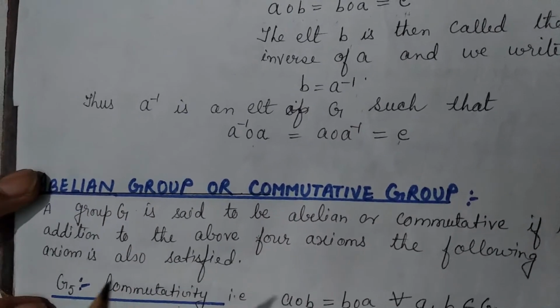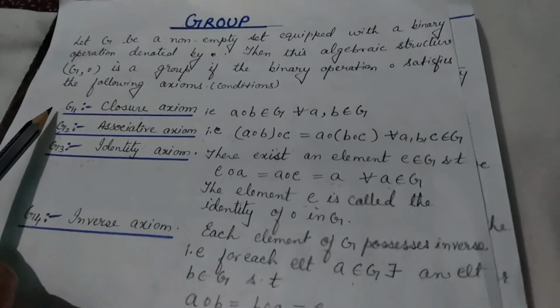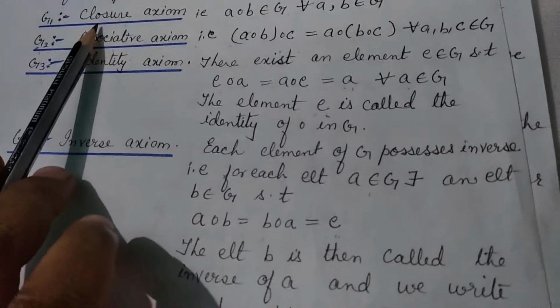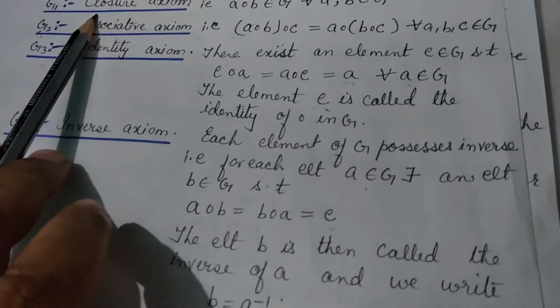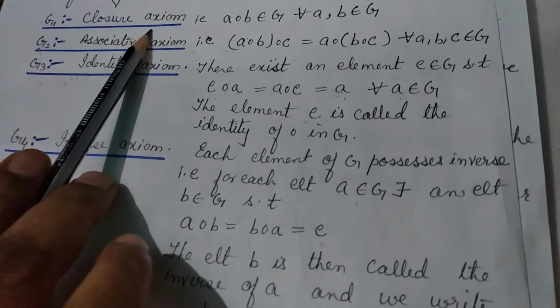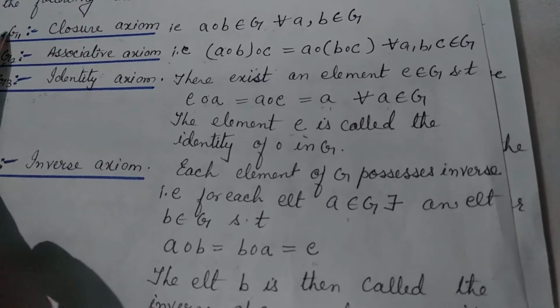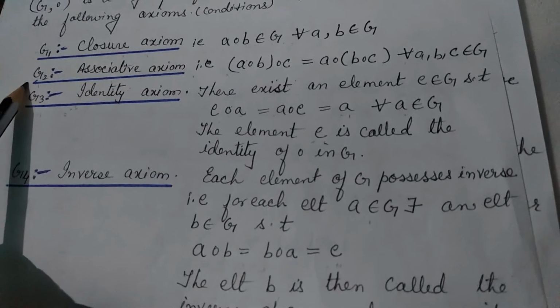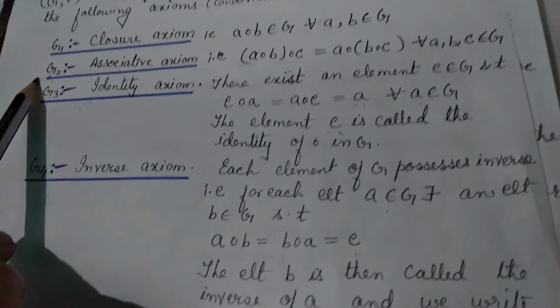So what we have learned is that if a set G satisfies the first axiom, that is the closure axiom, it is said to be a groupoid. If the first two conditions are satisfied, then it is said to be a semigroup.